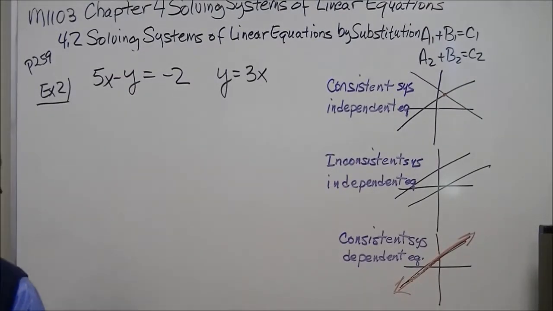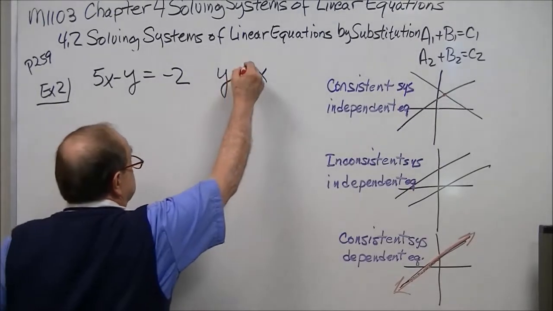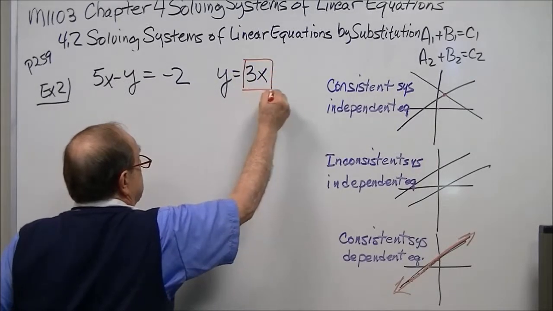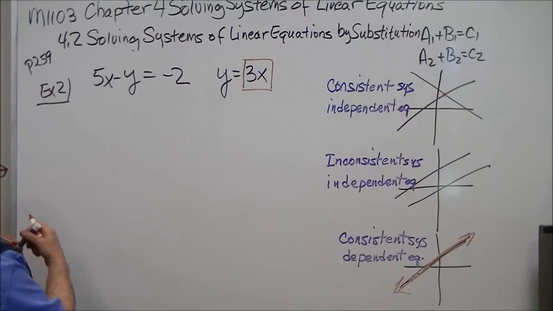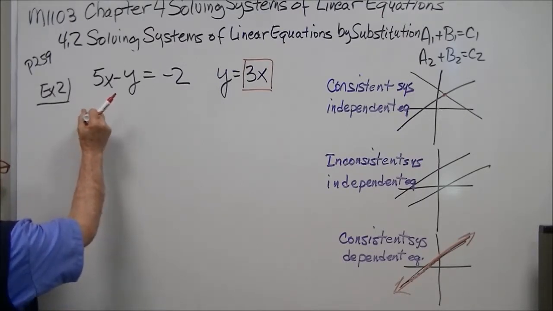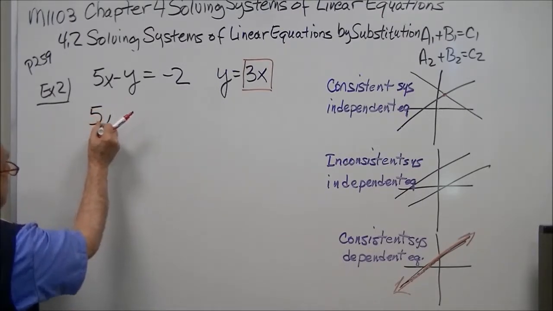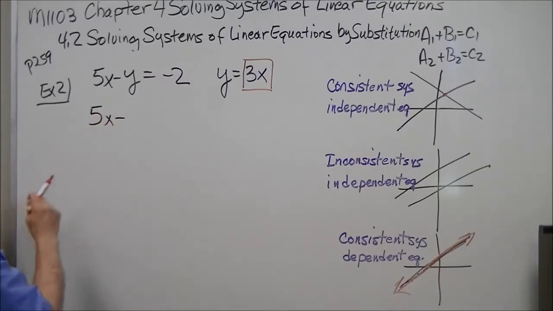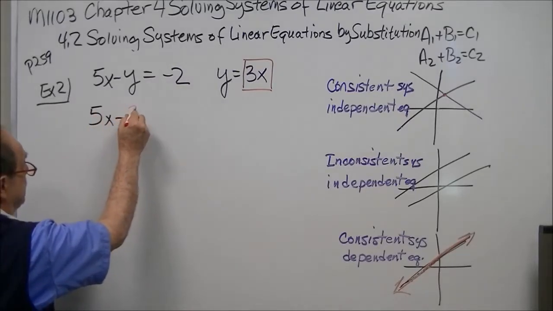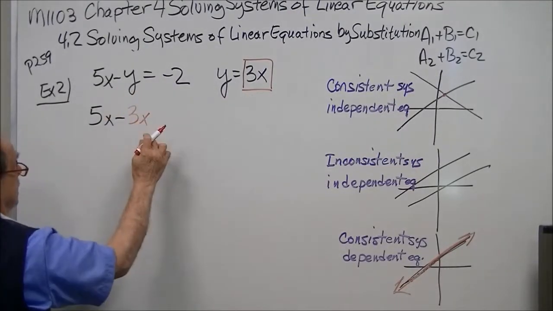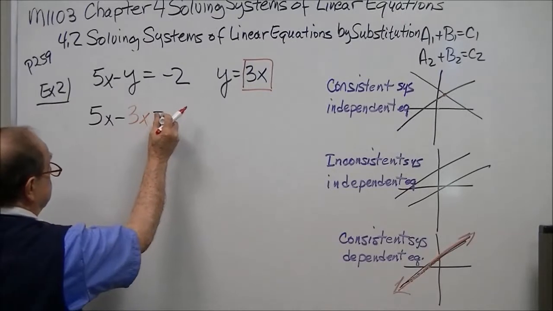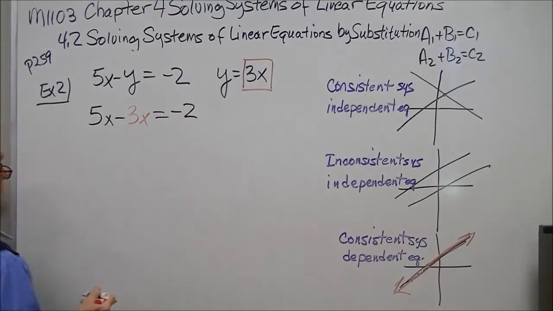In example 2, very similar. Again, our y now is solved. So y is 3x. So when we rewrite the equation, 5x minus, and then that's where we put in our 3x for our y, equals negative 2.